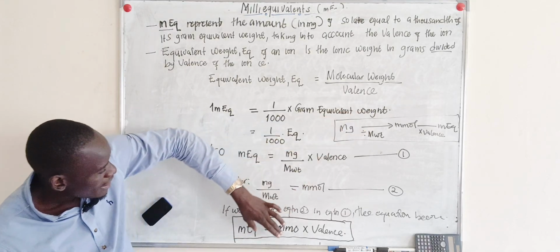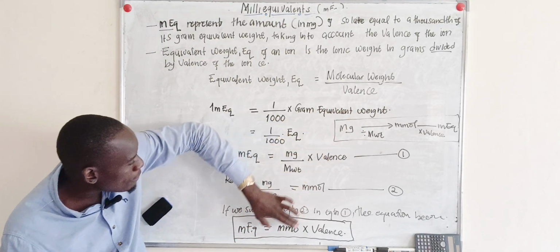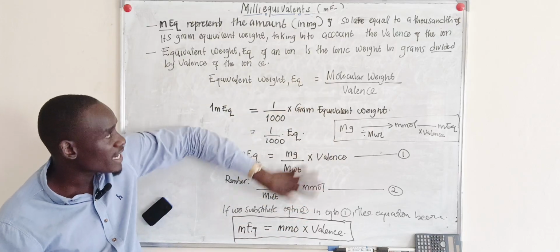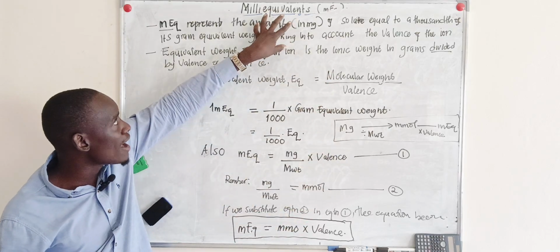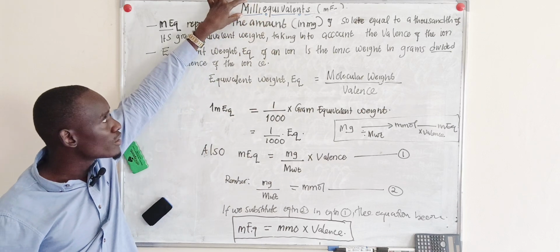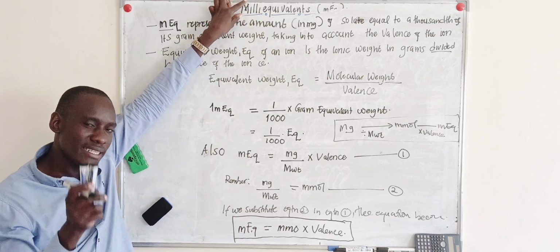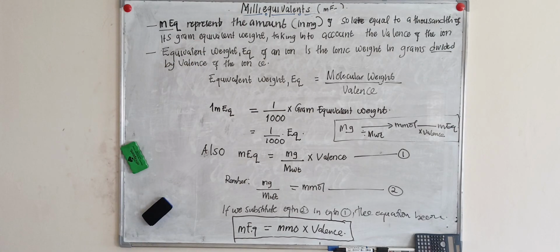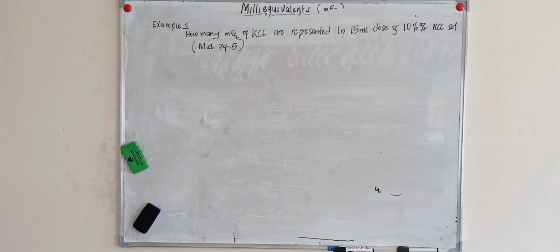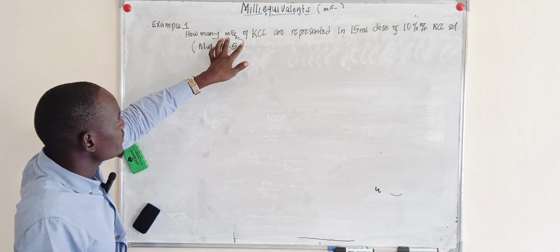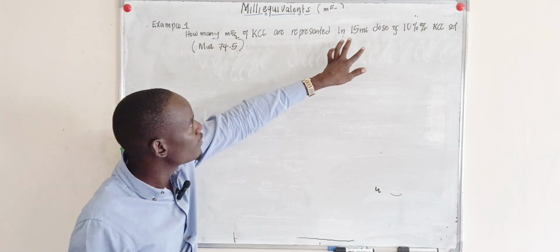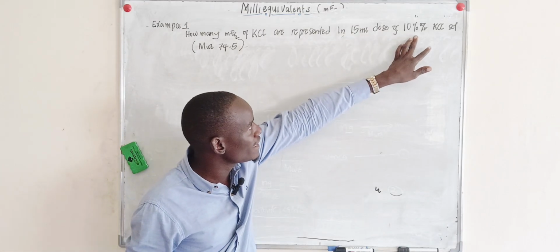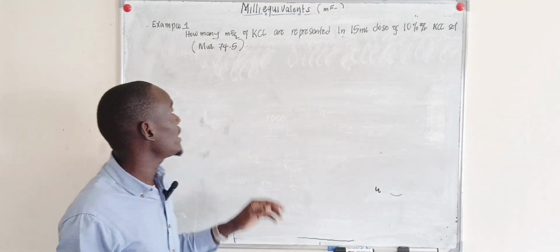So these are the two most important equations that we are going to deal with when it comes to any interconversion involving milliequivalents. Let's look at our first example. Example 1: how many milliequivalents of potassium chloride are represented in a 15 mL dose of 10% weight in volume potassium chloride solution?